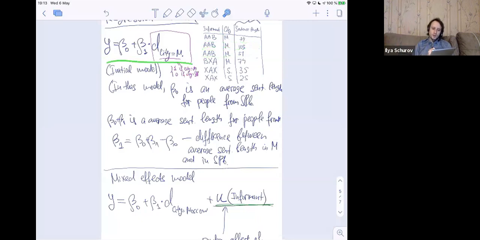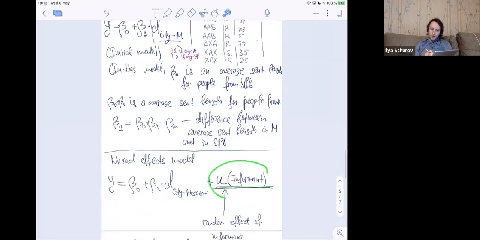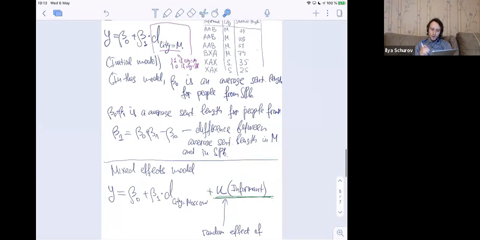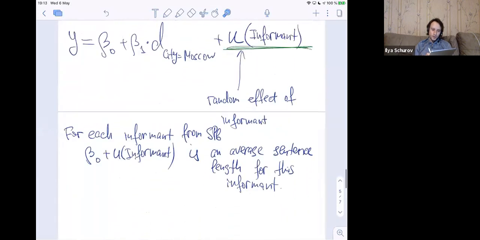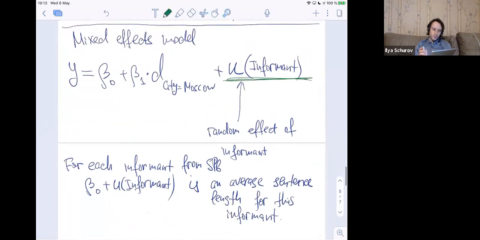So basically, in this model, we just believe that we get a new informant in each row, and these informants are just not related to each other. But if we understand that we have the same informant that corresponds to several rows here, then we have to take into account this variable. So this is a new kind of model, and we will study them as well.